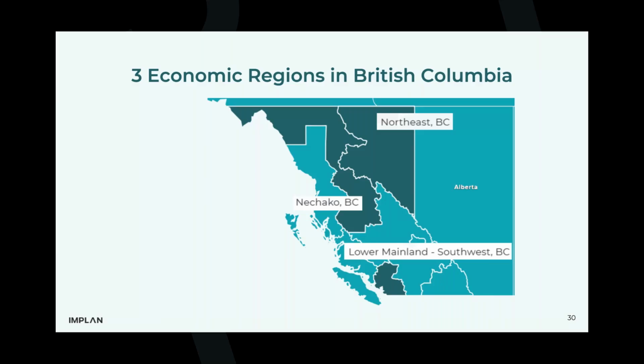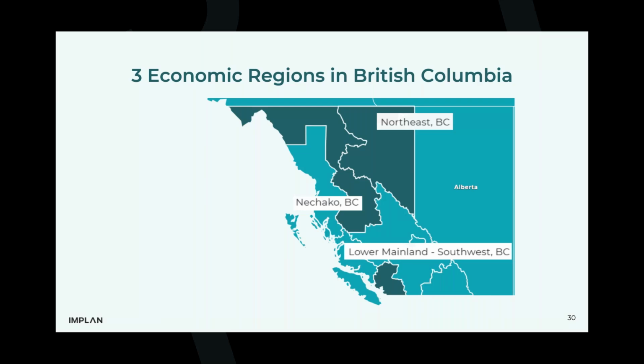The third and final economic region that we're going to take a look at today is the Mainland Southwest region. It's located at the southwestern corner of British Columbia. It borders the United States and is home to the Greater Vancouver area.